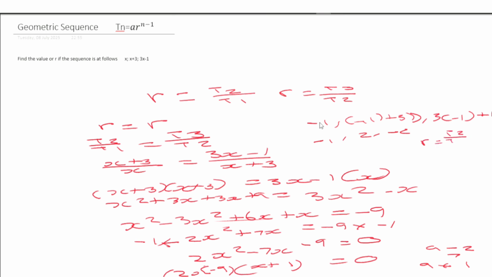Because r is equal to term 2 divided by term 1, we say 2 divided by negative 1 is negative 2. But r also has to equal term 3 divided by term 2. So that means that negative 2 divided by 2 is equal to negative 1. So these two don't equal.